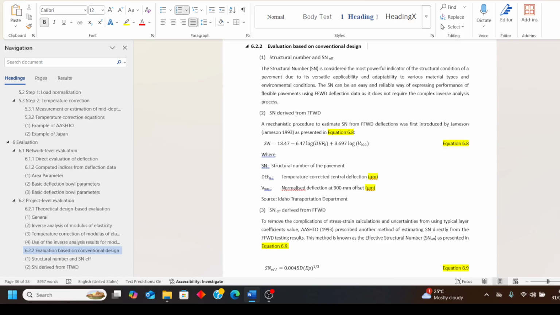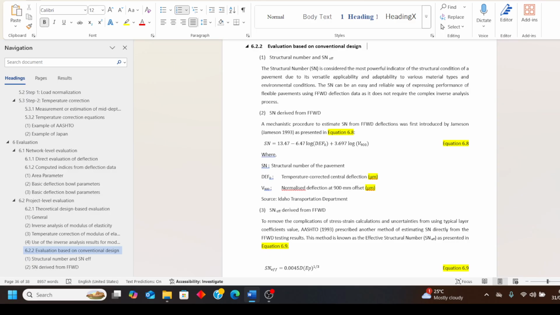Another methodology indicated in this manual is the conventional methods, which is the empirical formula. We can also use simpler indices like the effective structural number to evaluate the pavement capacity, and they are basically easier and faster than the full inverse analysis, but they are not that precise. So what we are employing for the analysis, after the collection of the data using the FFWD, is the back calculation.